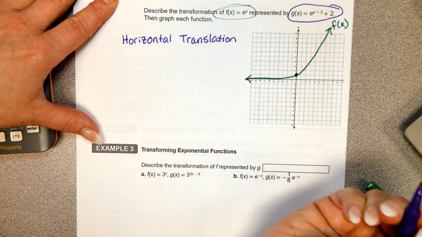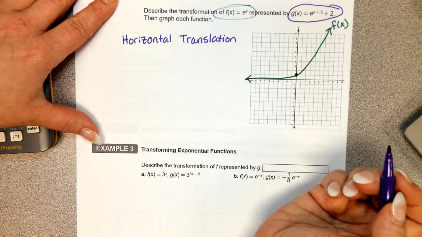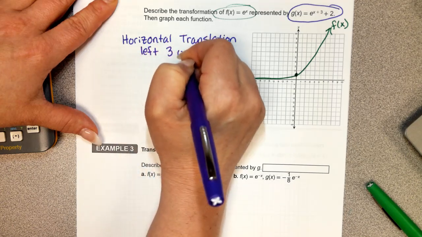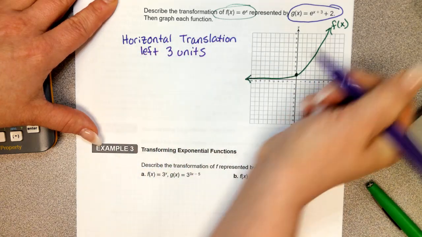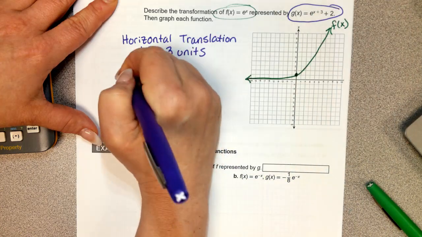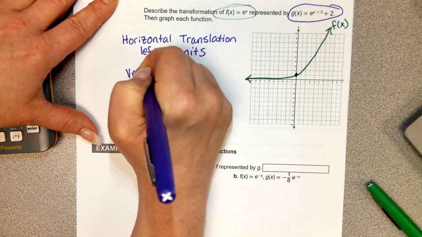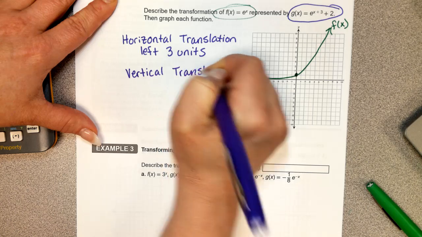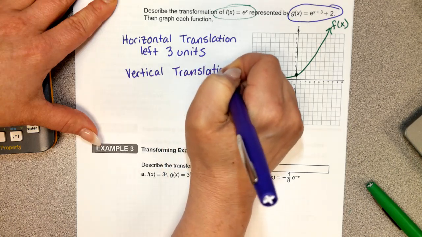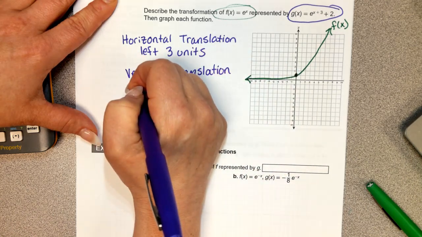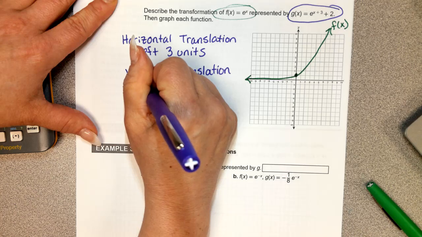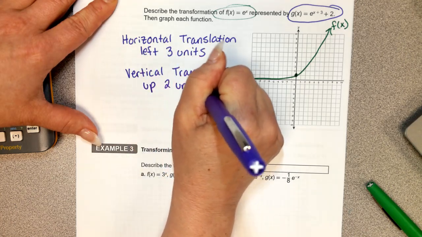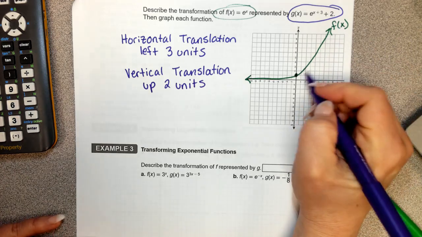And that horizontal translation is going to go to the left 3 units. Then the +2 on the end tells me I have a vertical translation, and that is going to go up 2 units.